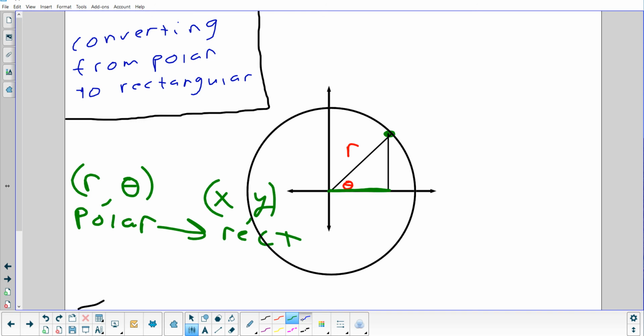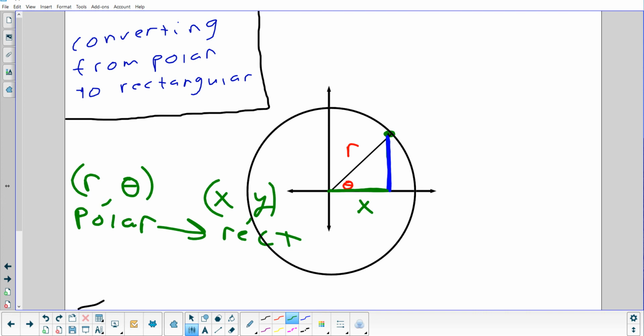And here's the other side. What would the side in green be? Yep. Your X. That's my X value. X is a horizontal distance from the origin to the left or to the right. In this case, to the right. X is my green value.